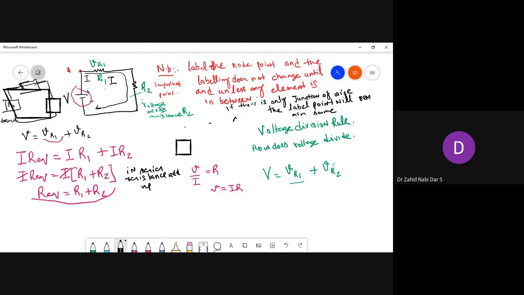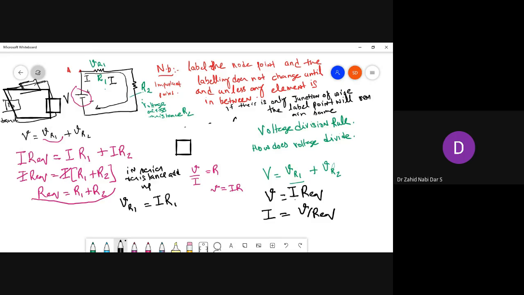So now about the voltage division rule. If I have to write VR1, VR1 is equal to I into R1. But if you see my V, that is this voltage V, V is basically I into R equivalent. Now if I have to write this I in terms of these, I can write I is equal to V by R equivalent.